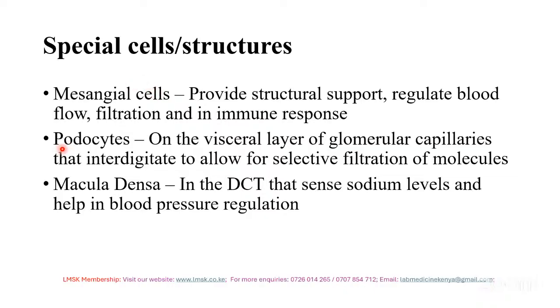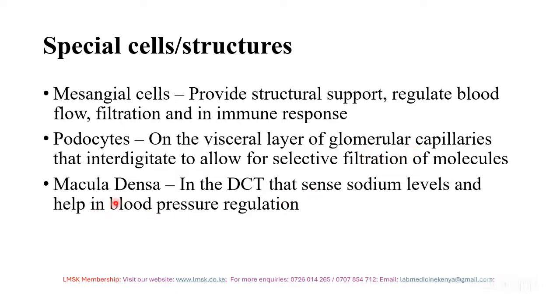Then the podocytes, which are on the visceral layer of the glomerular capillaries, and they interdigitate to allow for selective filtration of molecules. Interdigitating means that they are interlocking and they are leaving some spaces for small molecules to pass through.